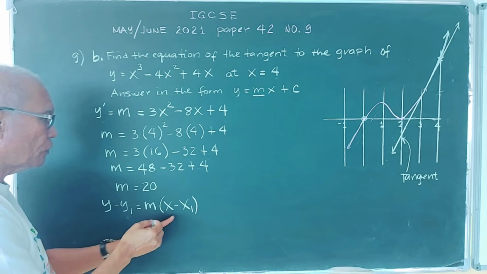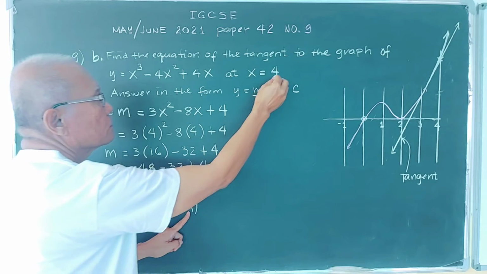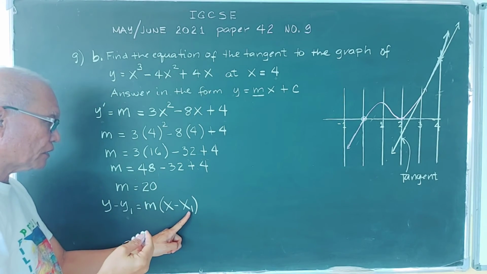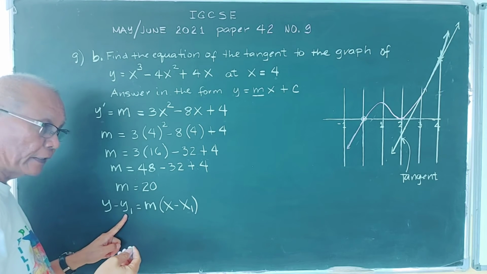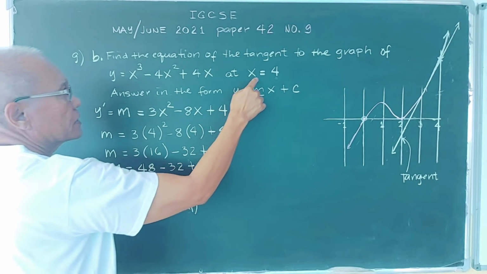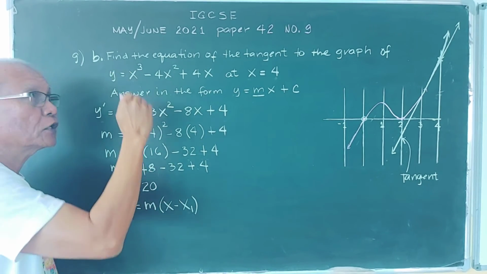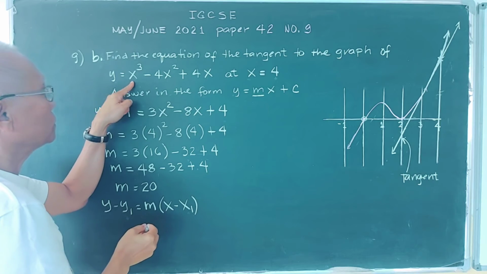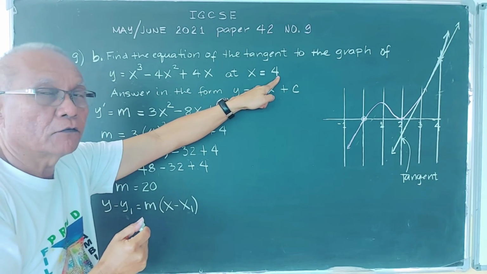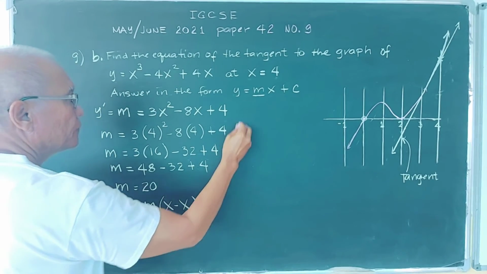We already have x sub 1, which is 4, but we don't have the y coordinate, y sub 1. So we need to find this. We substitute x is equal to 4 into the original equation, so we know the y coordinate at 4.